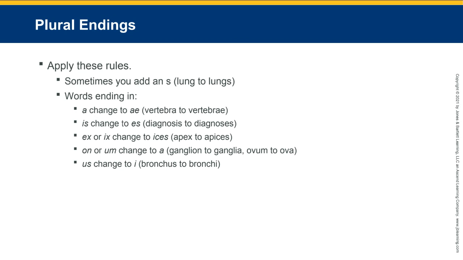One apex, more than one apices. Words ending with ON or UM change to A. One ganglion, more than one ganglia. One ovum, more than one ova. Words ending with US change to I. One bronchus, more than one bronchi.